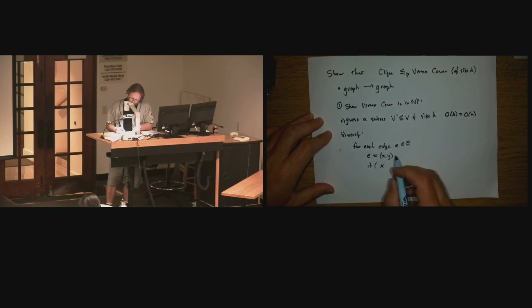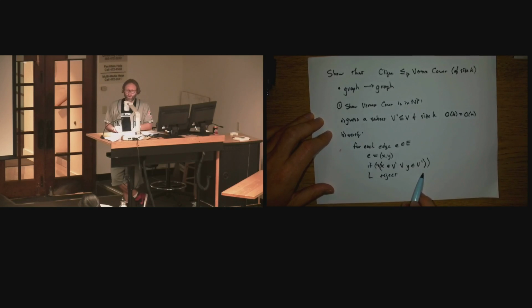If x is in the vertex cover that you guessed, or y is in the vertex cover that you guessed, then it's covered. If that's not the case, then we know that that's not a valid vertex cover, and we can reject. I wrote it like this because that's the way that I spoke it.